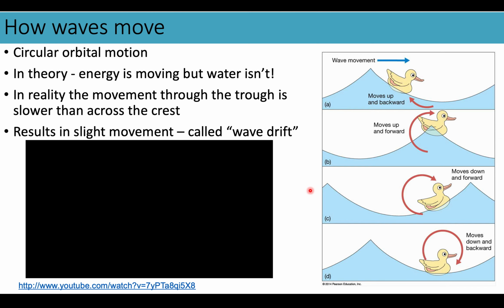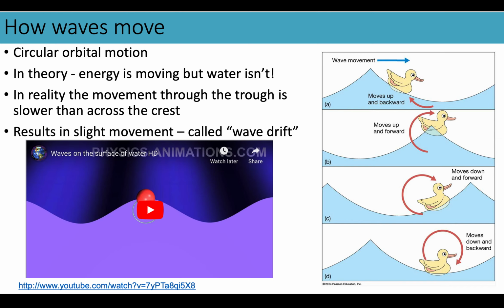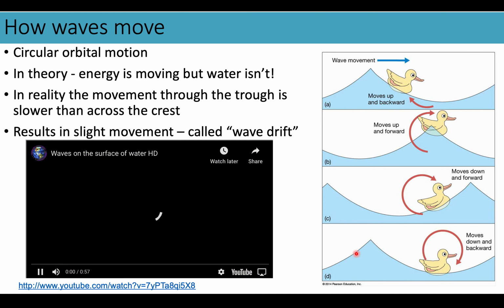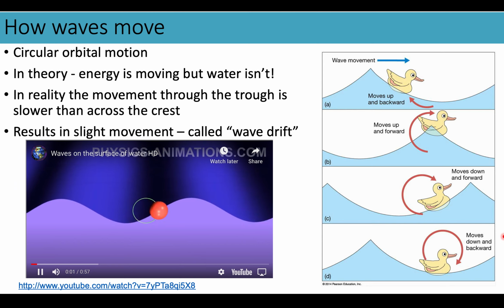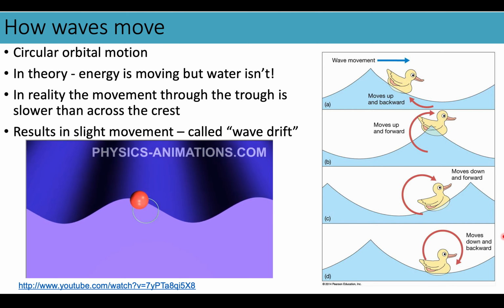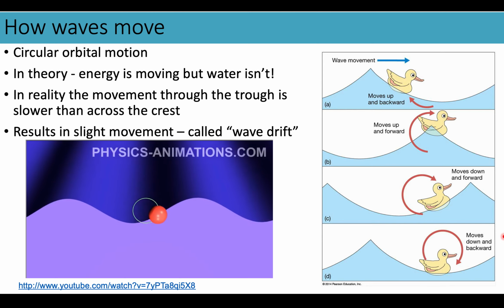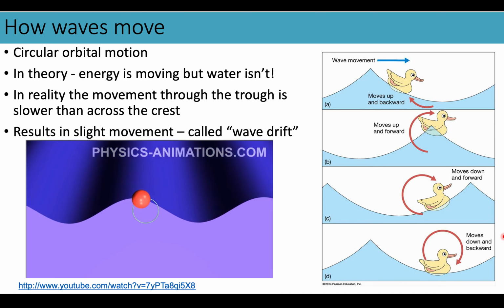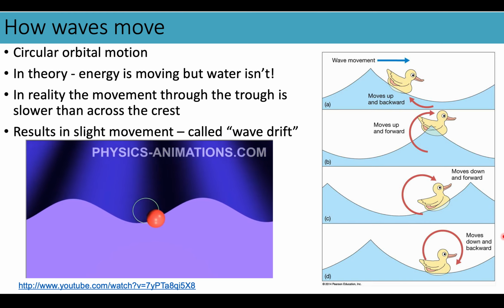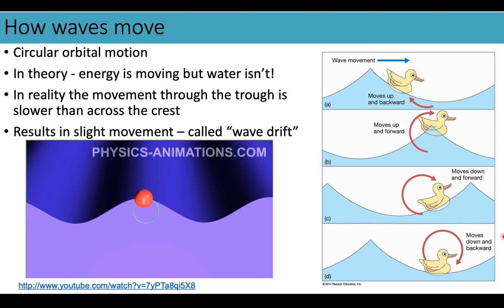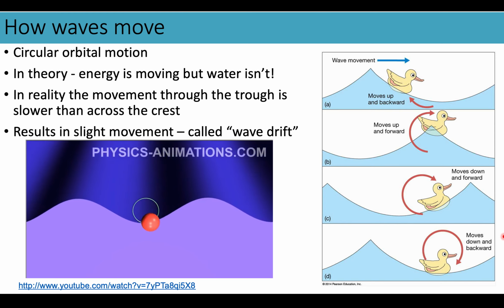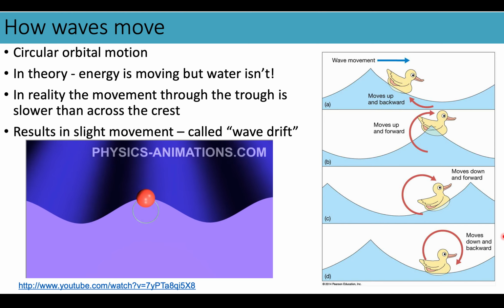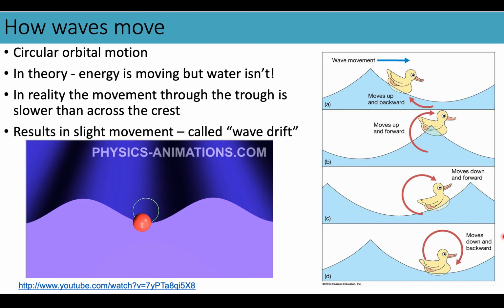So I have a video that I think better explains how waves move. You'll notice that circular pattern there, as the wave moves through. The ball floating on the wave is actually moving in a circular pattern.